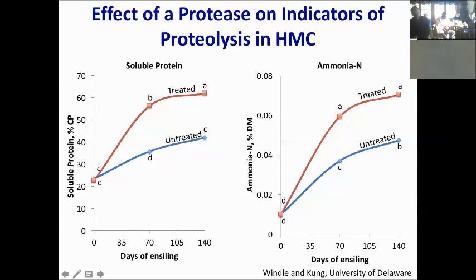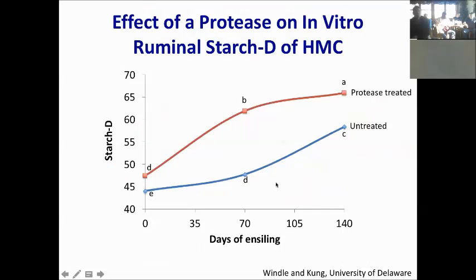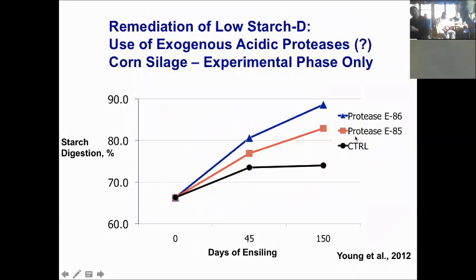And then when you actually look at the starch digestibility over time, you see the protease treated actually improving starch D to a much greater extent than the untreated. And here's another study, 2 different enzymes, untreated corn silage, looking at starch D. There's a small increase over time, bigger increase, even bigger increase there.